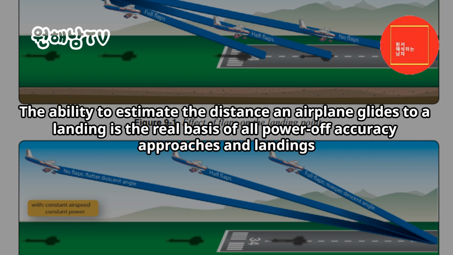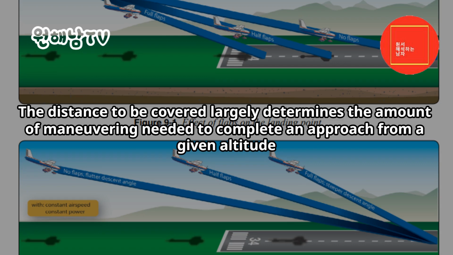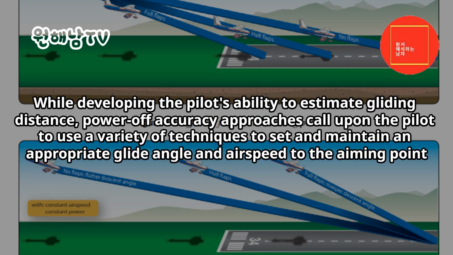The ability to estimate the distance an airplane glides to a landing is the real basis of all power-off accuracy approaches and landings. The distance to be covered largely determines the amount of maneuvering needed to complete an approach from a given altitude. While developing the pilot's ability to estimate gliding distance, power-off accuracy approaches call upon the pilot to use a variety of techniques to set and maintain an appropriate glide angle and airspeed to the aiming point.